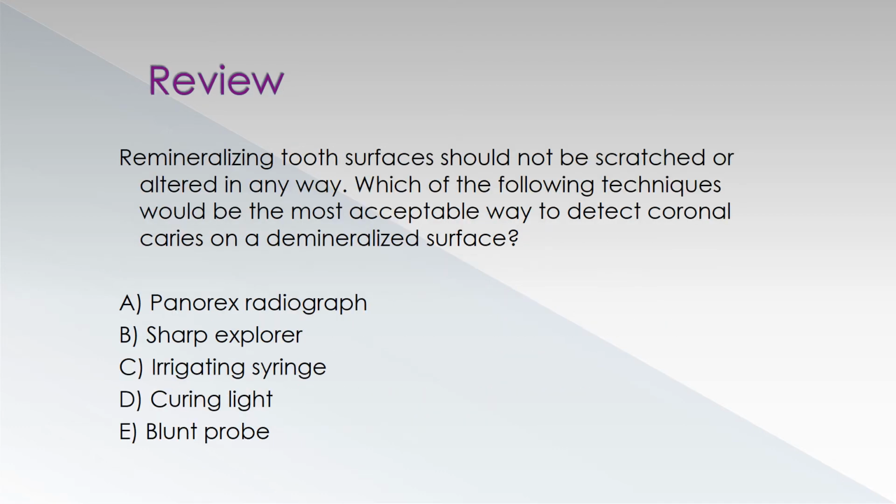Remineralizing tooth surfaces should not be scratched or altered in any way. Which of the following techniques would be the most acceptable way to detect coronal caries on a demineralized surface? Panoramic X-ray, sharp explorer, irrigating syringe, curing light, or a blunt probe?